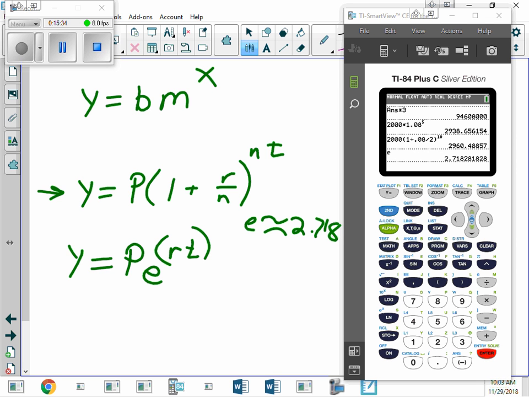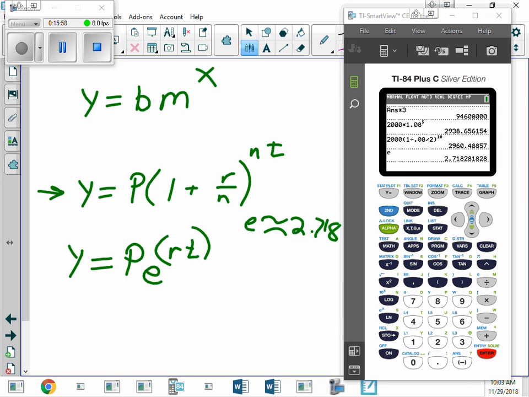It goes on forever. It never repeats, and it has a ton of applications in mathematics, especially when you're talking about compounding continuously. Okay, now, is compounding continuously going to be very much bigger than compounding, say, 10 million times a year? And the answer is no, not much.